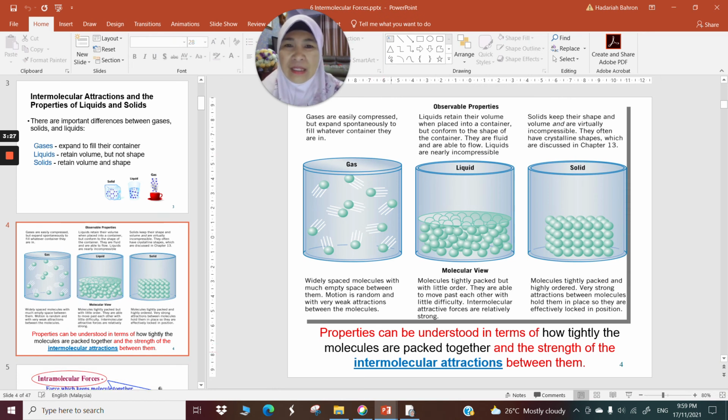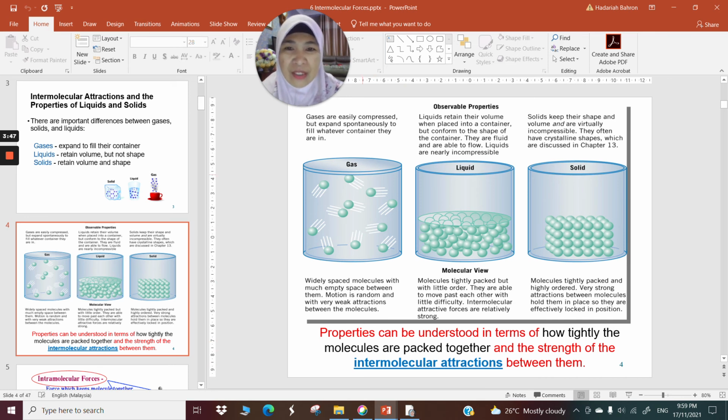Properties of gases, liquids, and solids can be understood in terms of how tightly the molecules are packed together and the strength of the intermolecular interaction between the molecules.